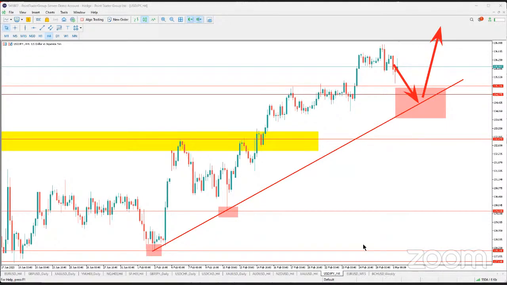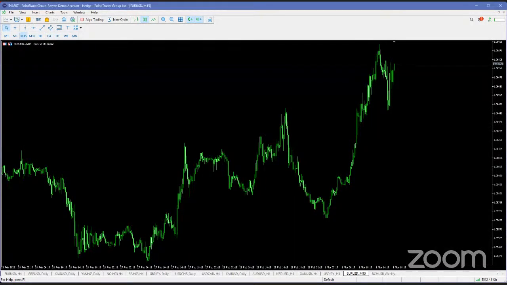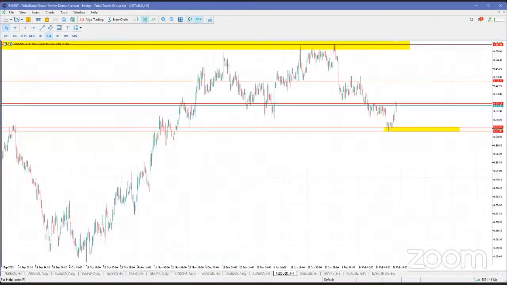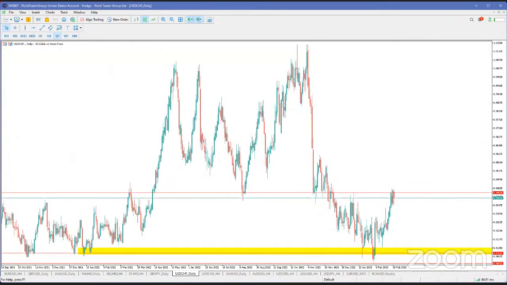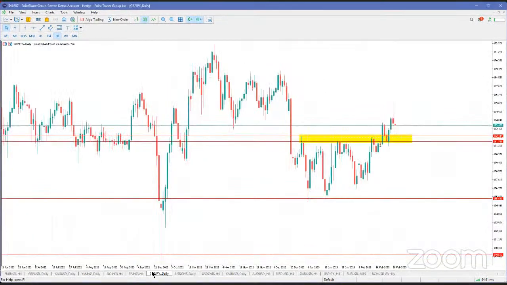As for a downtrend line, let me spot one for you. Maybe this one. No, not this one. Let me see if we have something else.